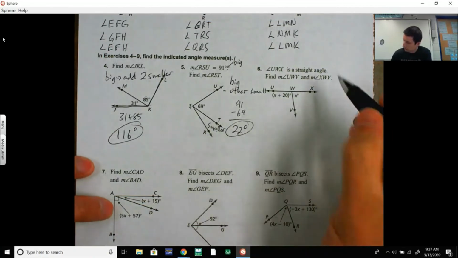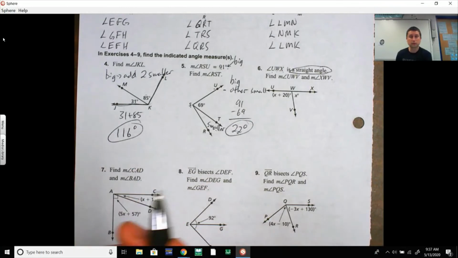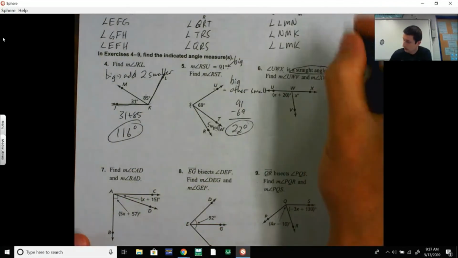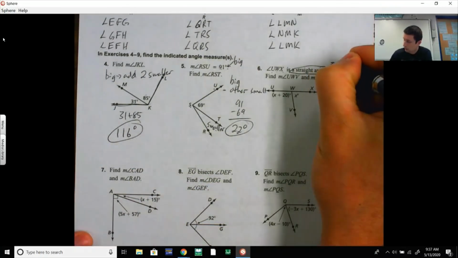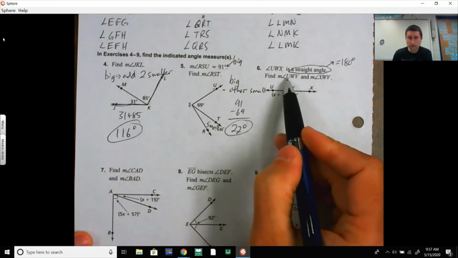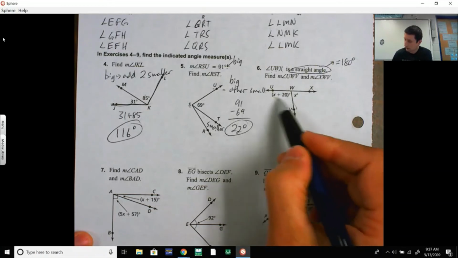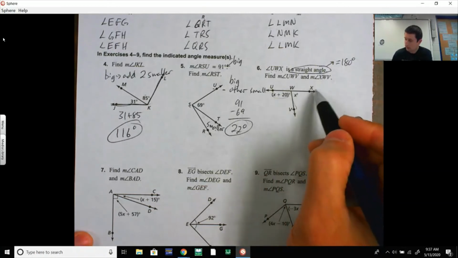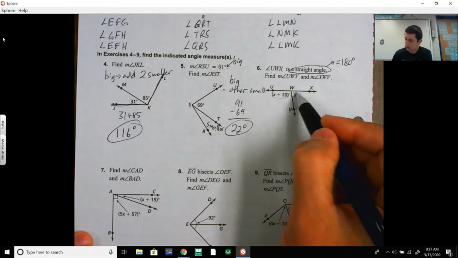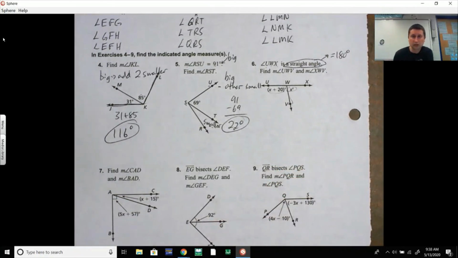Okay, some variables. UWX is a straight angle. What do we know about straight angles? We know that they equal 180 degrees. Find the measure of UWV. That's x plus 20. And XWV is just x. Geometry is a lot of knowing definitions and knowing what things equal.